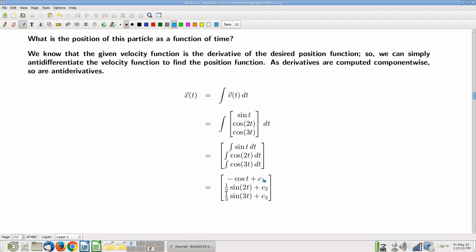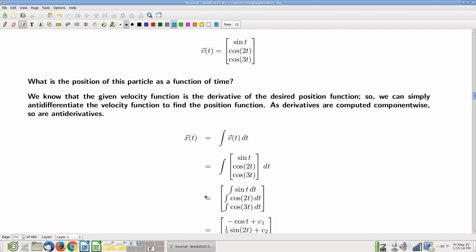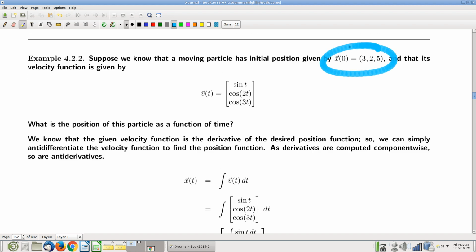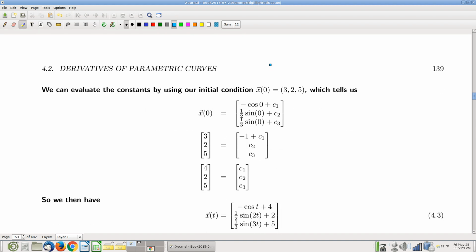Okay, now how do we evaluate these C's? Well, we go to the initial value that we were given. We were told that when t is equal to 0, X is 3, 2, 5. Okay, so let's plug that in. Right? So when t is equal to 0, X is 3, 2, 5.